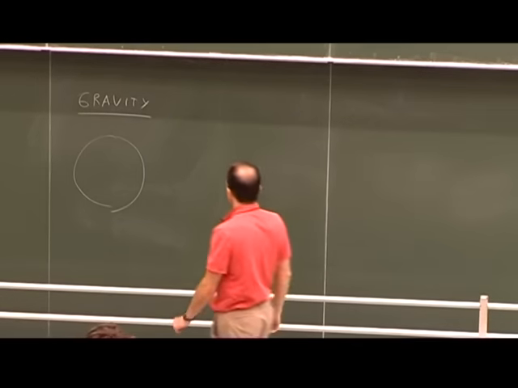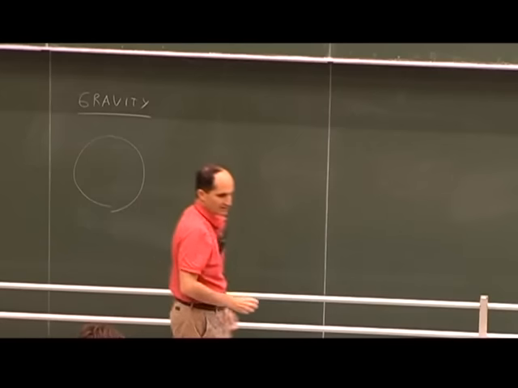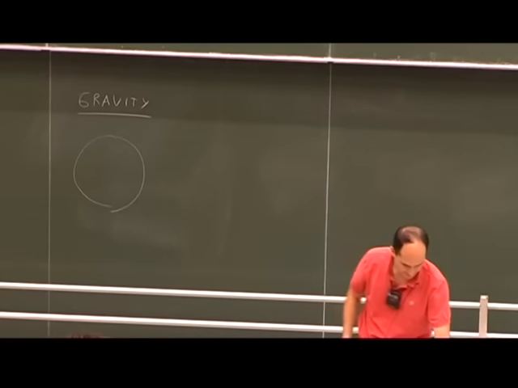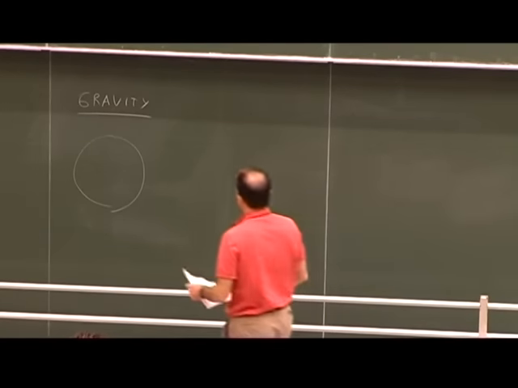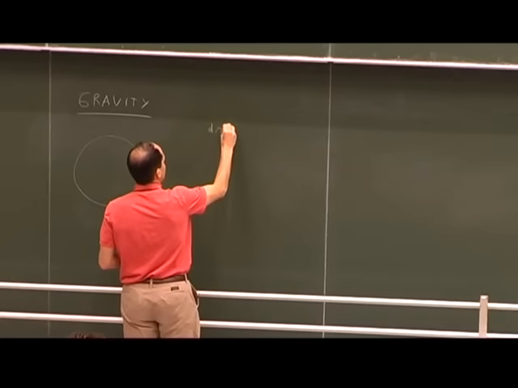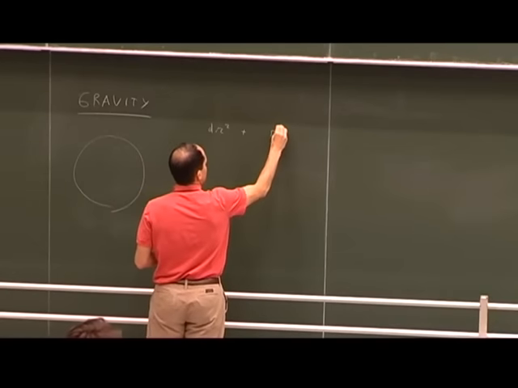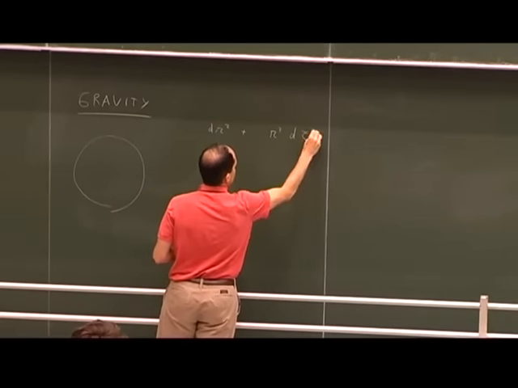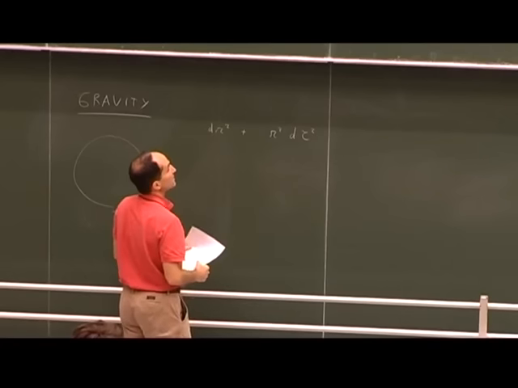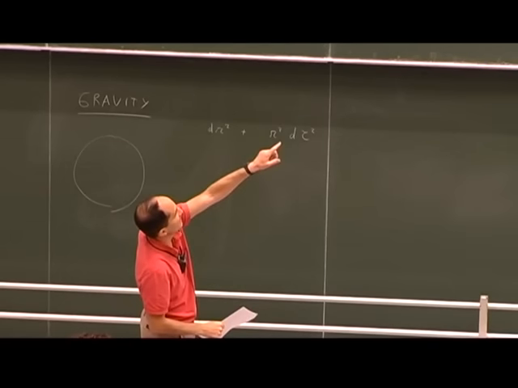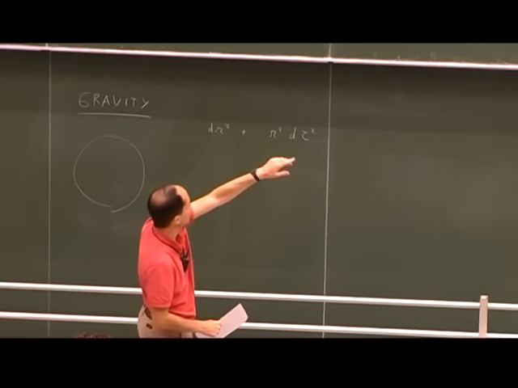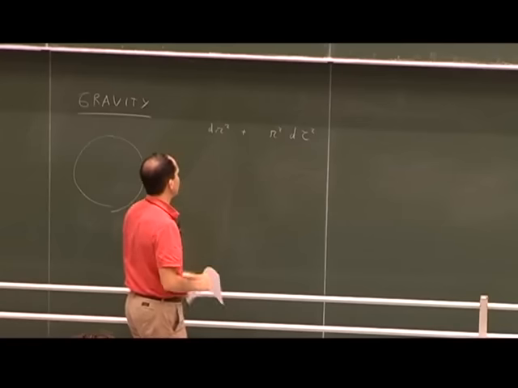We started with a Euclidean metric of the form dr squared plus r squared dtau squared. Here tau is the Euclidean time; we take t to it in that formula, and we get this metric.